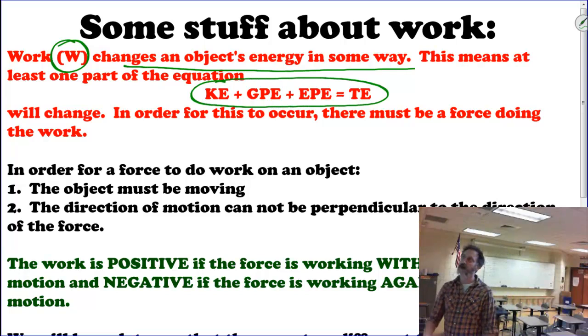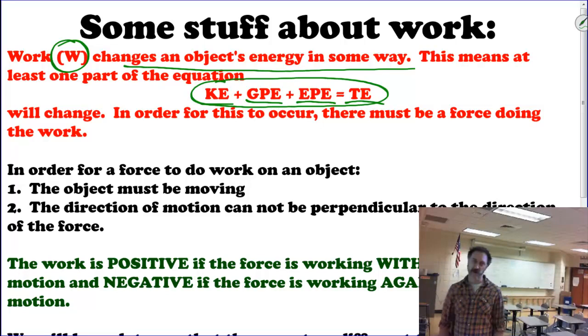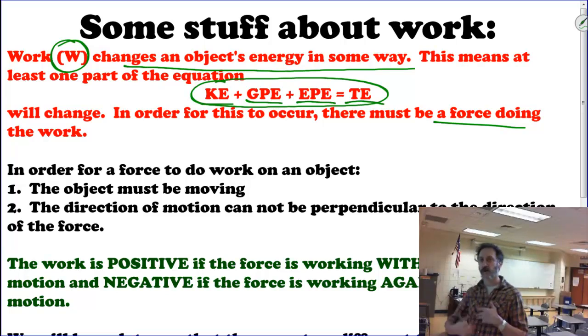When you do work on an object, you're either changing the kinetic energy, or the gravitational potential energy, or the elastic potential energy, or the total energy. Okay? And in order for this to occur, you have to have a force doing the work. We always say that work is done by a force. So anytime we're finding the work, we're going to find either the work done by one specific force, or occasionally the net work, which is the work done by all of the forces combined.